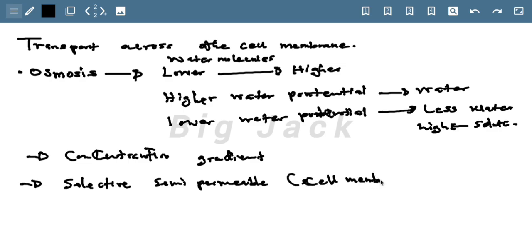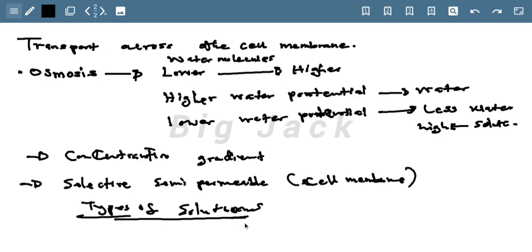And then you need to know the different types of solutions under osmosis. The first one is hypotonic.